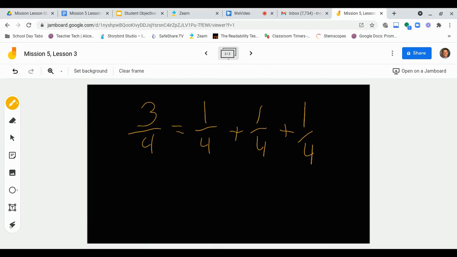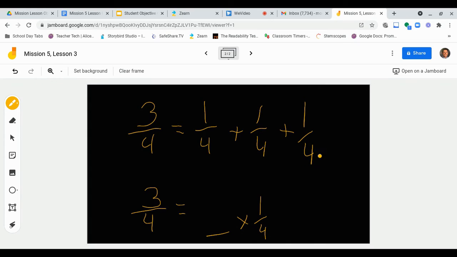Then it's going to want us to say, how would you say that in a multiplication problem? So it's going to say 3/4 equals what times 1/4. So instead of 1/4 plus 1/4 plus 1/4, we just want to rewrite it as a multiplication problem. How many 1/4 did we have? 1, 2, 3.